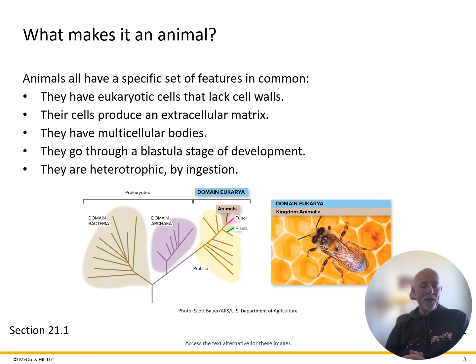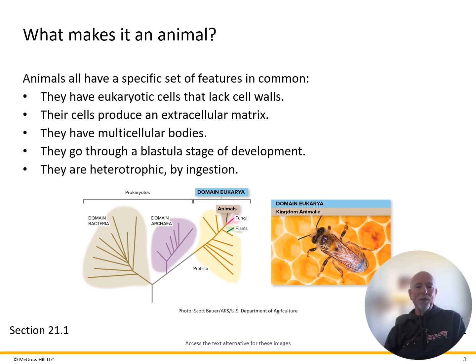Okay, more advanced, more complex cells. Animals are multicellular. Remember, the eukaryotes that are single-celled are protozoans or protista. We go through several stages of development, what we call blastula stages of development. At one time, you were a blastula, several hundred cell divisions after fertilization.